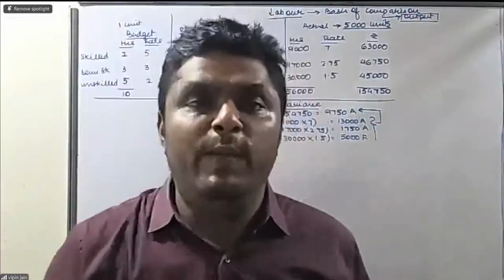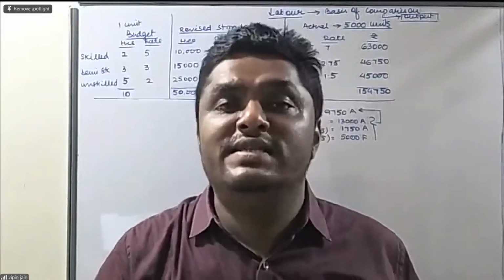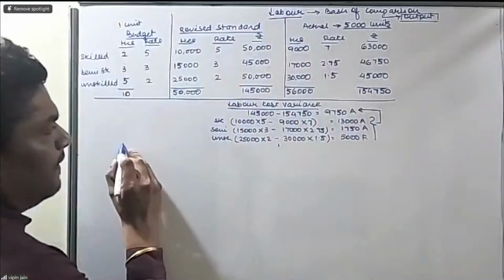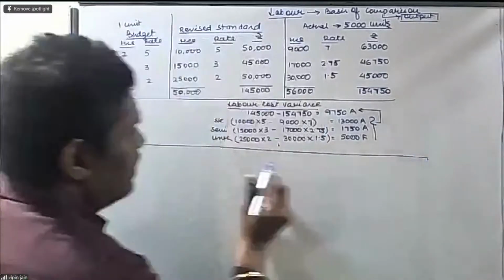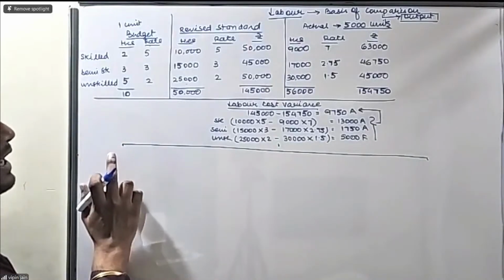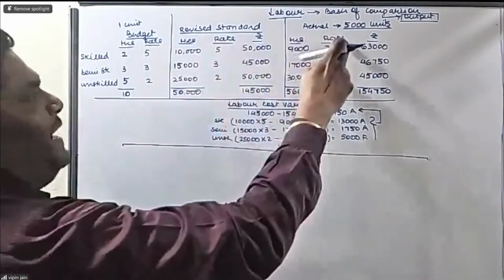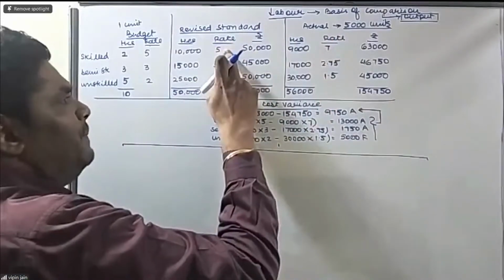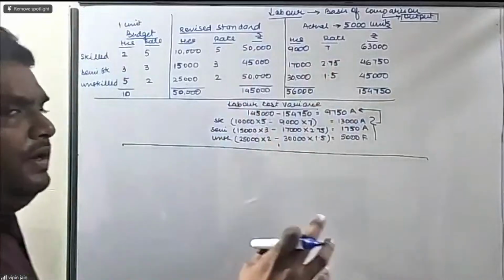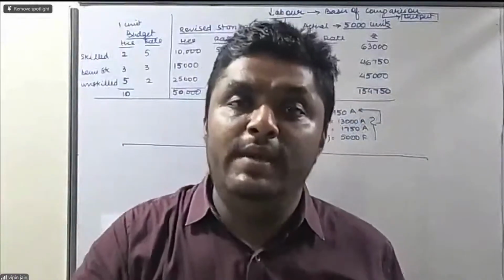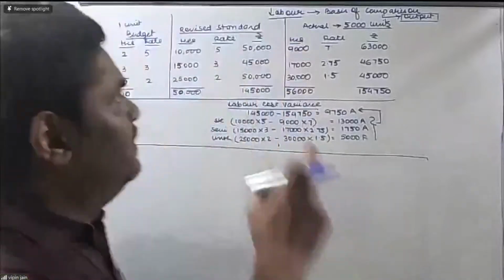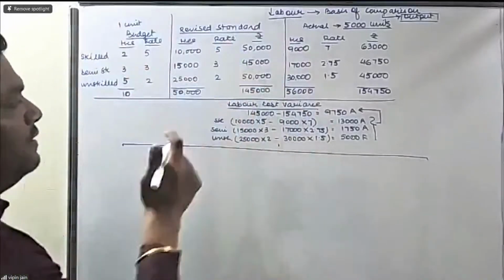So again, the concept of material and labor cost variance is same. Now let's proceed further. Here we used to calculate material price variance. That is, what should be the price, the price we actually paid into actual hours. So here, when talking about labor, in material we used to calculate price variance, but in labor, instead of price, we will calculate rate variance.